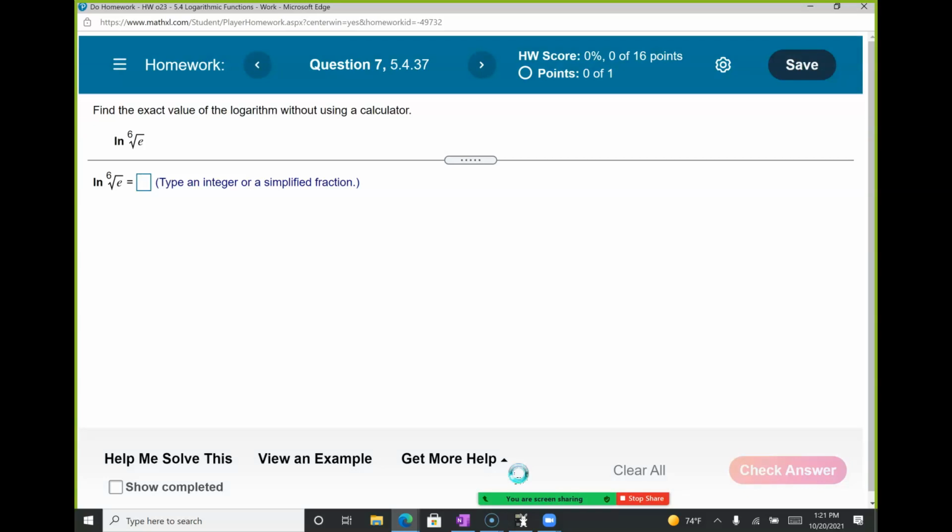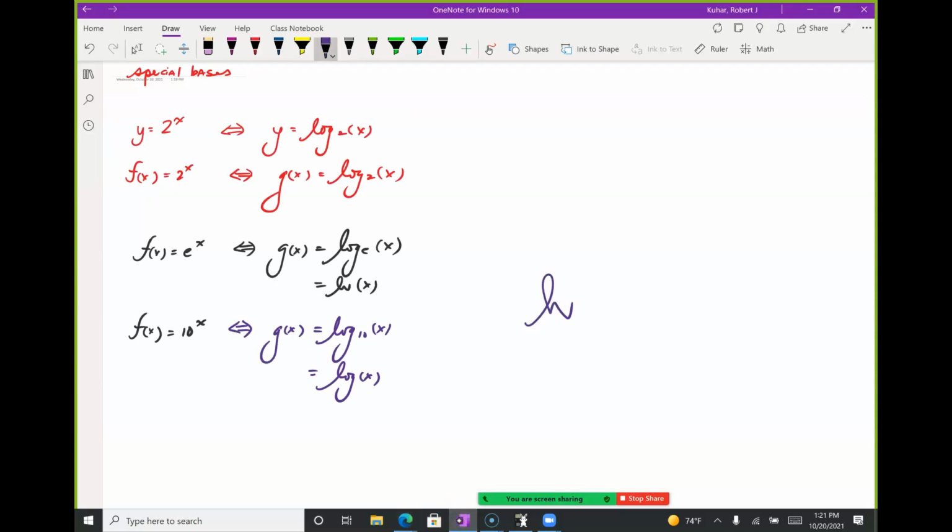This one, ln of the sixth root of e. I want to find ln of the sixth root of e. I don't know this answer, so what should I call it? What do you want to call the answer?